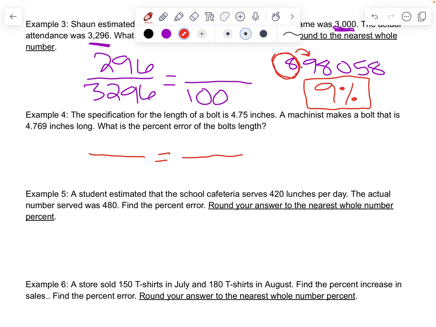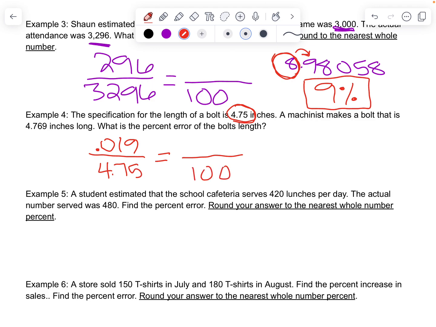So remember to find the change, you're subtracting the two. So I can do 4.769 minus 4.75, and I get 0.019. The bottom is the correct amount, or the actual amount, which is 4.75.